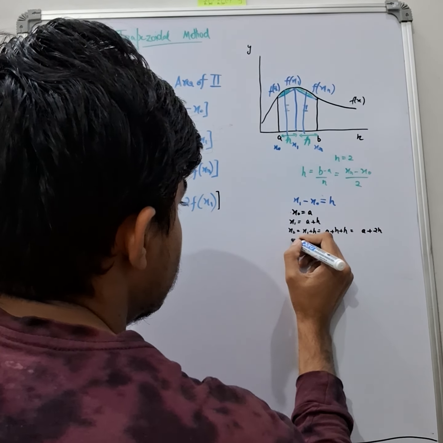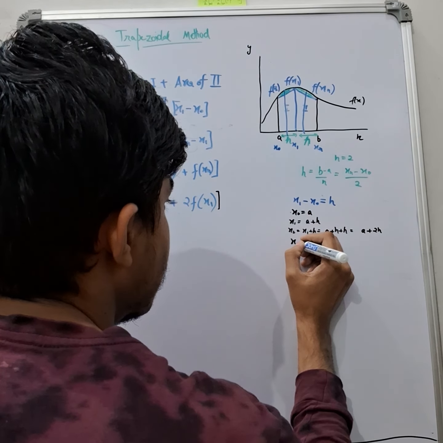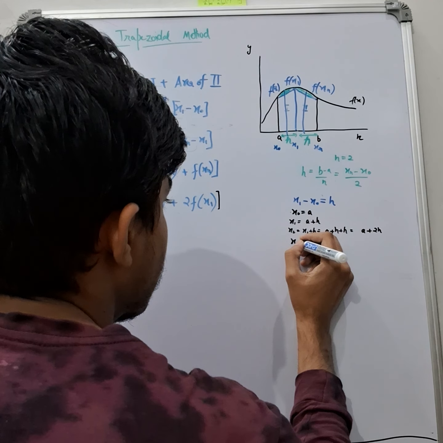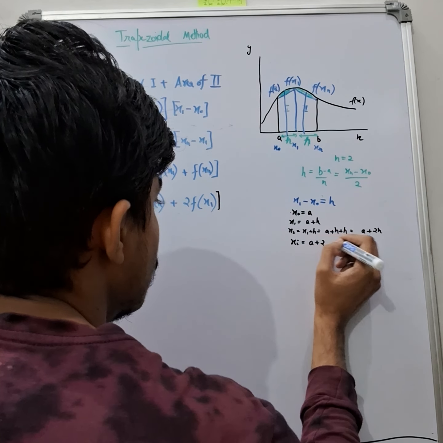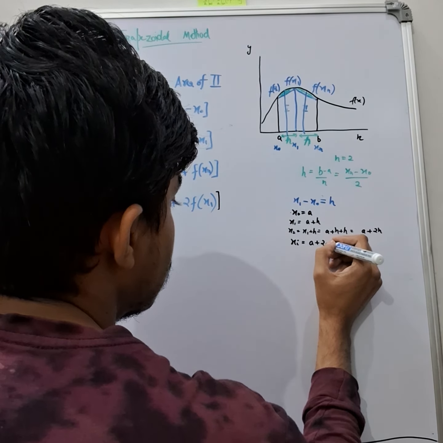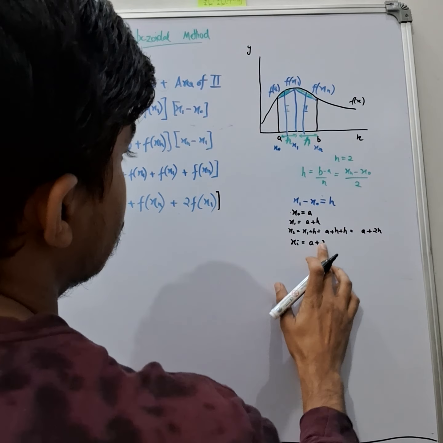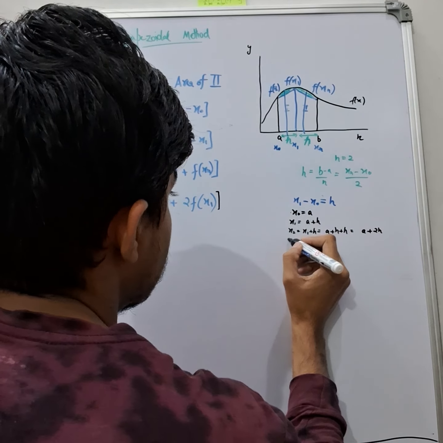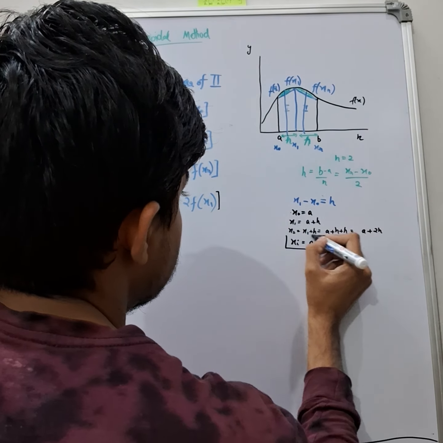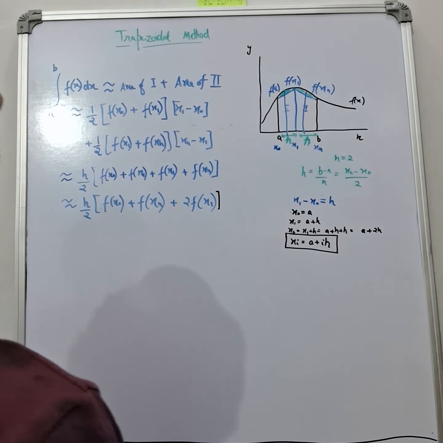So if I have to generalize it, I can write xi is equal to a plus ih. This is an important relation we'll be using soon.